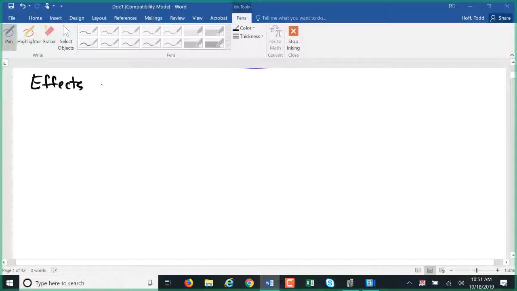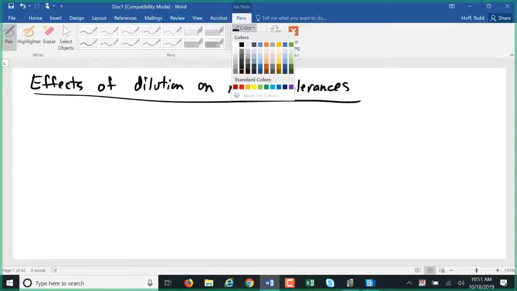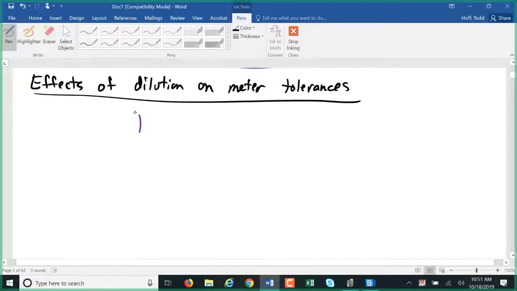This brings in the effects of dilution on meter tolerances. Let's say that the meter is accurate to plus or minus 2%.